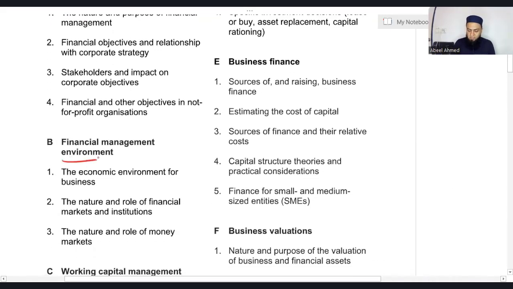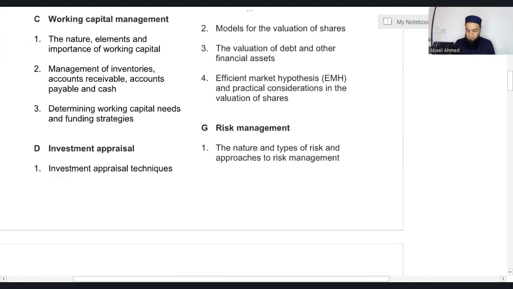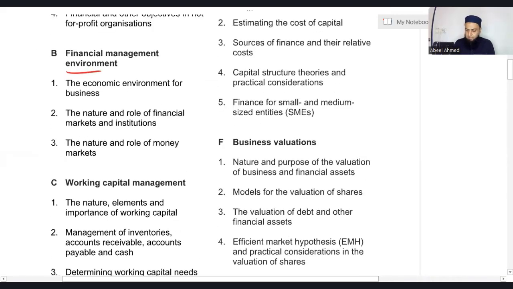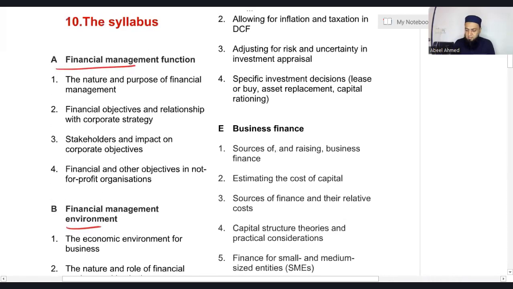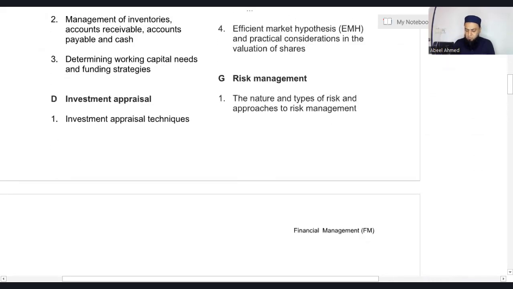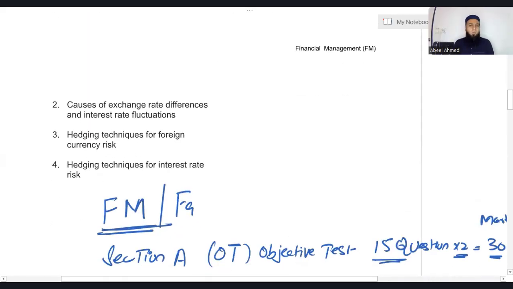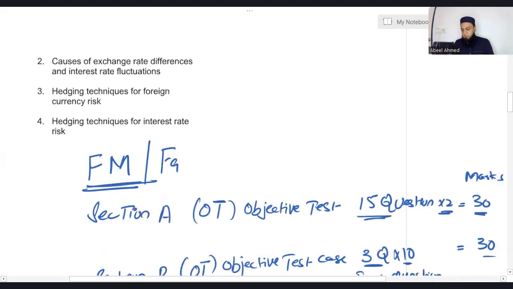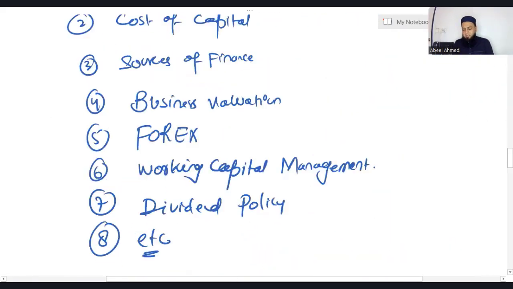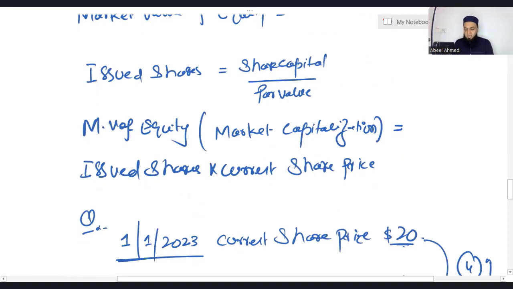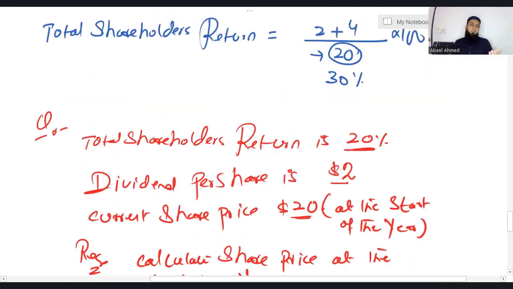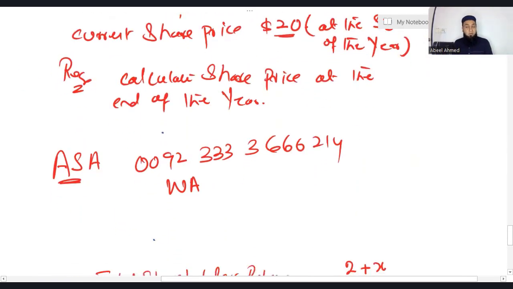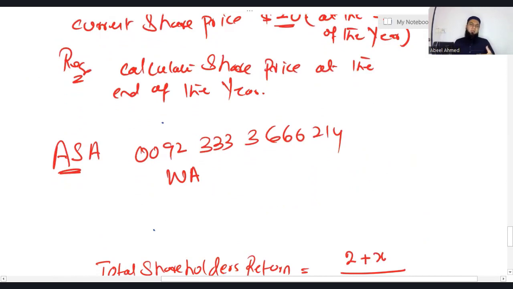Then you have B, C, D, and E, also F and G. Don't worry at all, you will get this document in which you have the entire syllabus of financial management. It will really help you a lot, because once you have the entire syllabus in front of you, while watching lectures you can tick which area you have covered.